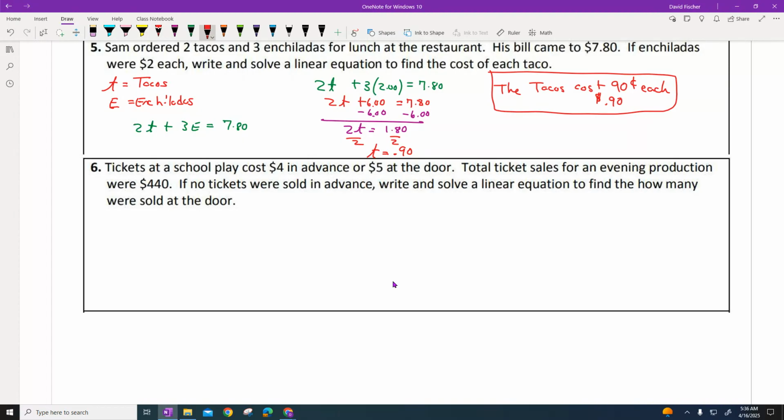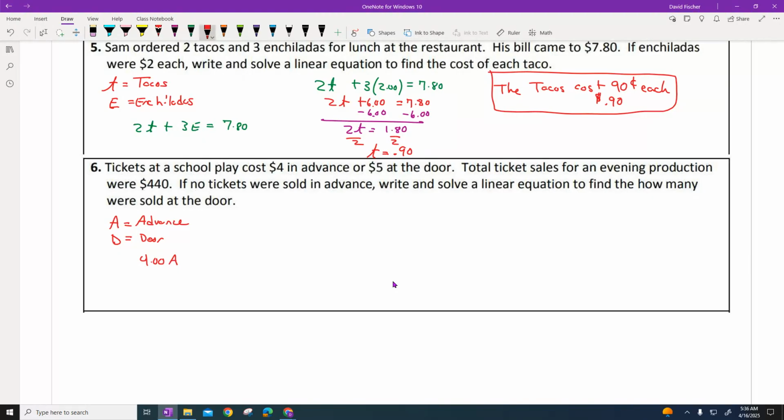So here's my 2, pick out the 2 things. Let's use A for advance purchases, and D for door purchases. Costs more for the door, so my cost is $4 for advance.